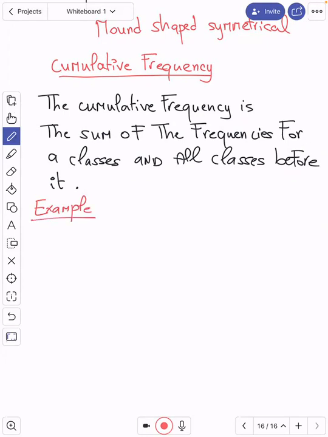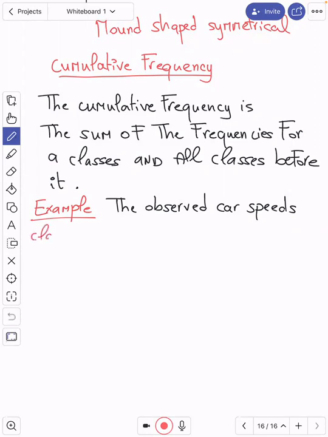Let me use the example with, again, the observed car speeds on a highway. We had, of course, 6 classes.